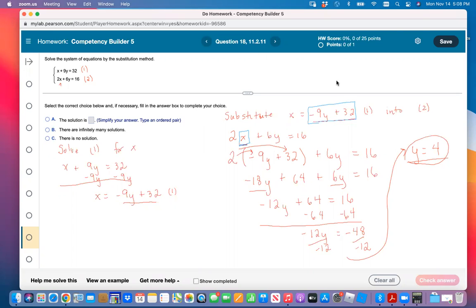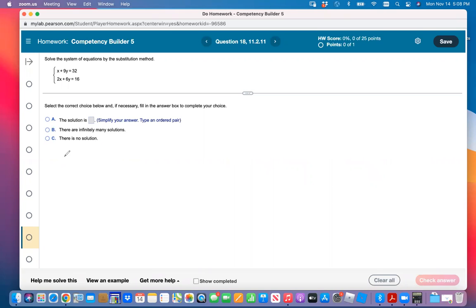So I'm going to clear this out. And we're going to substitute y is equal to 4. And we can substitute it into either equation 1 or equation 2 and solve for x. Okay, so let's just go ahead and use the first equation. We have x plus 9y equals 32.